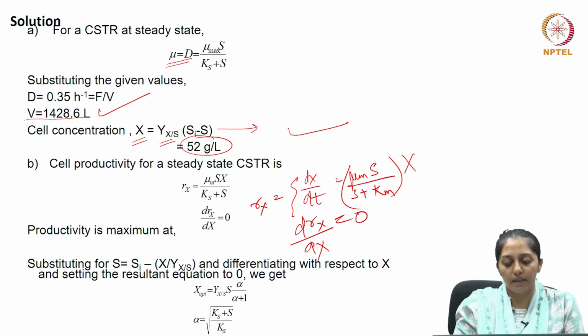So, this is to find the maximum Rx. Now, in this expression we see there are two variables S and X. So, this differentiation is only possible if we bring this expression only in terms of one variable.